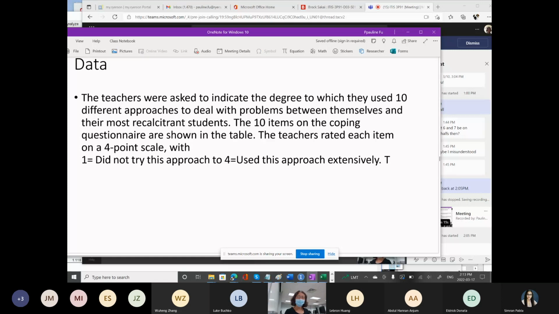Teachers were asked to indicate the degree to which they used 10 different approaches to dealing with problems between themselves and their most difficult students. The 10 items are copied in the questionnaire shown in the table below. The teacher rated each item on a 4-point scale. 1, do not use this approach. 4, use this approach extensively.